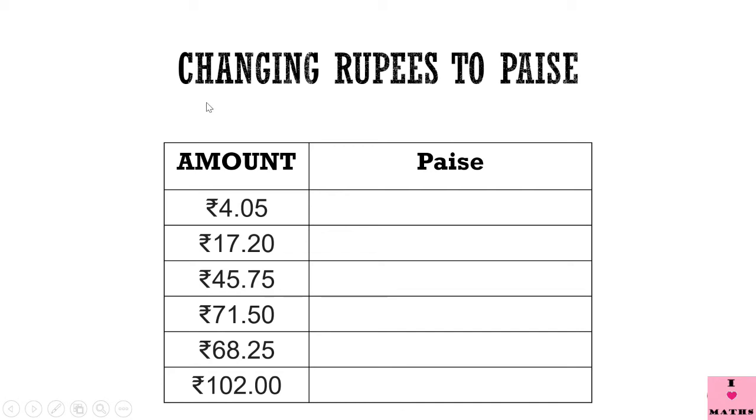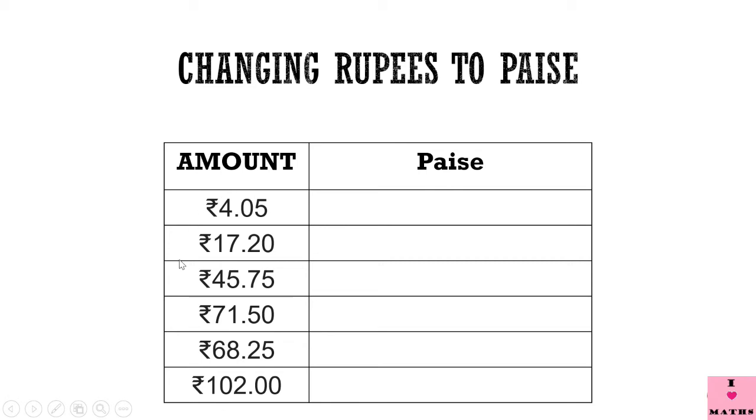Rupees 4 will be 400 paisa. Now children, what we are doing, we are multiplying the rupees by 100. Why are we multiplying rupees by 100? Because in 1 rupee there are 100 paisa. So rupees 2 is 200 paisa, rupees 3 is 300 paisa, and so on.